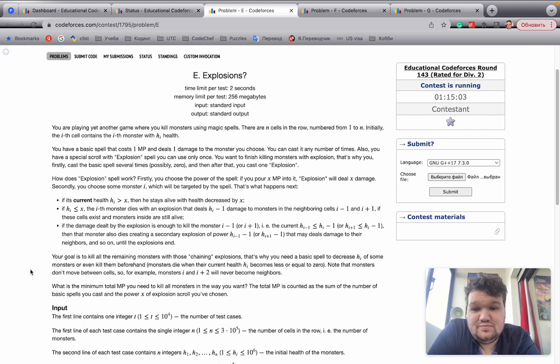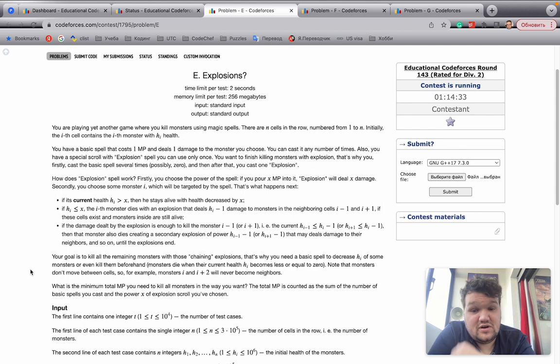Also, you have a special scroll with explosion spell that you can use only once. You want to finish killing monsters with explosion. So first we will cast the basic spell several times and then the explosion to finish it. How does explosion work?